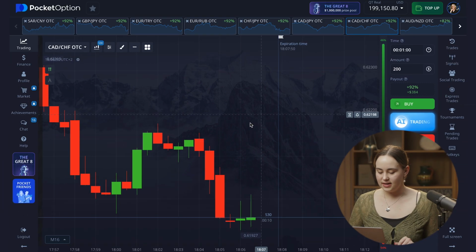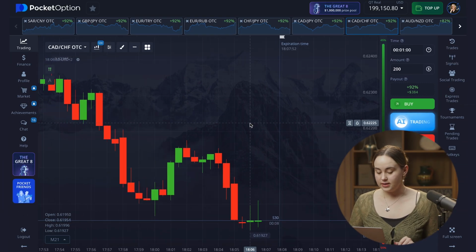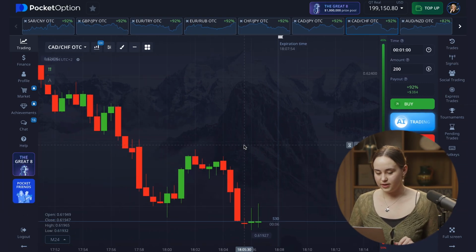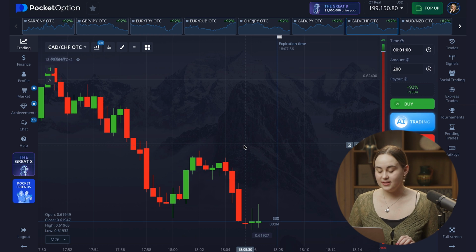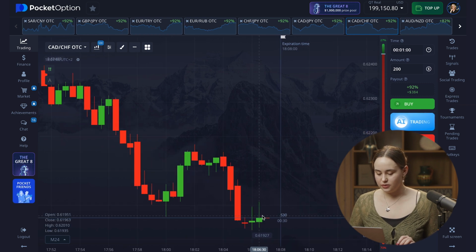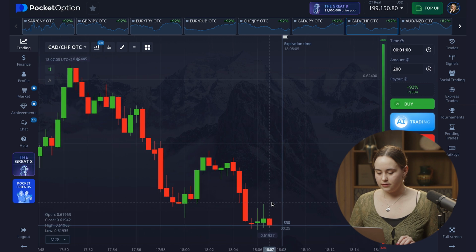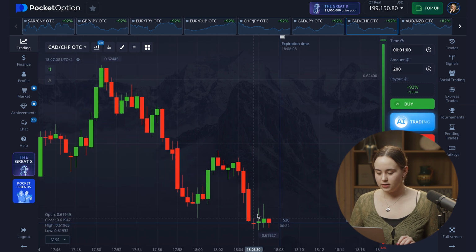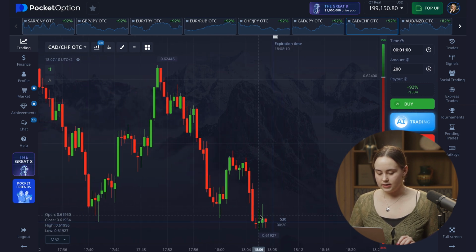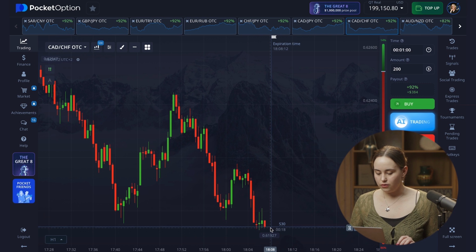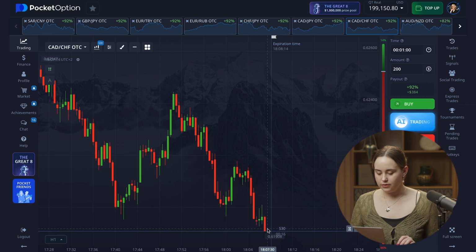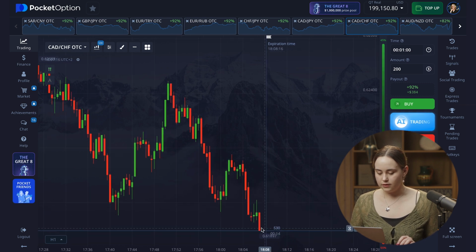Okay guys, let's keep looking until we find a suitable asset for us to trade a little more. So this one, it seems like we're going to have a really massive upward trend over here, and it seems like we have already broken through the support zone over here.